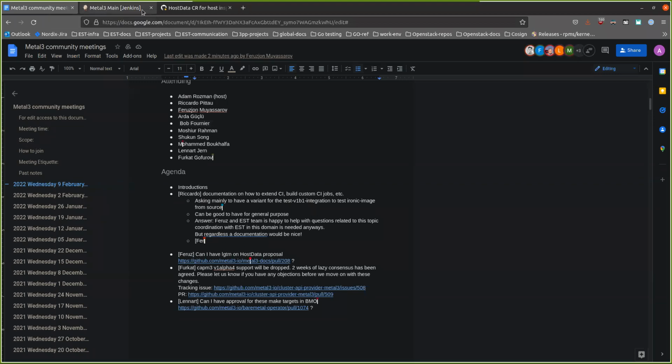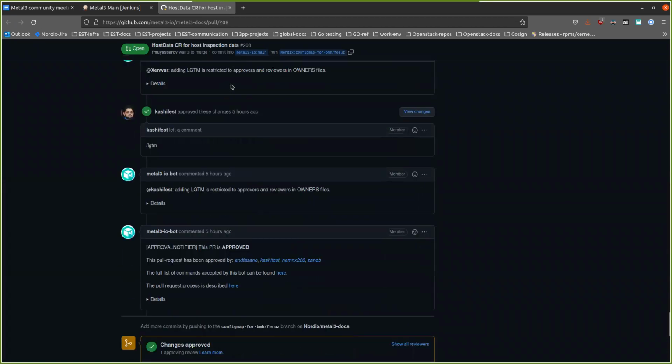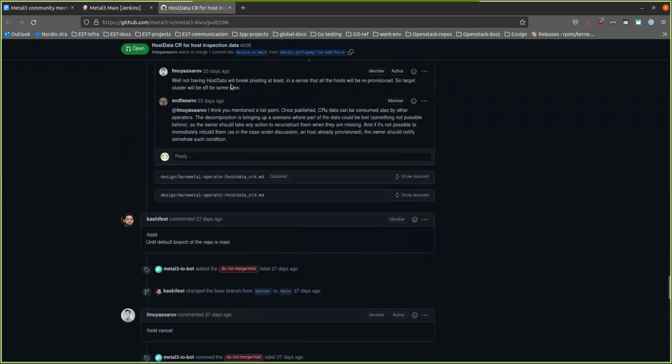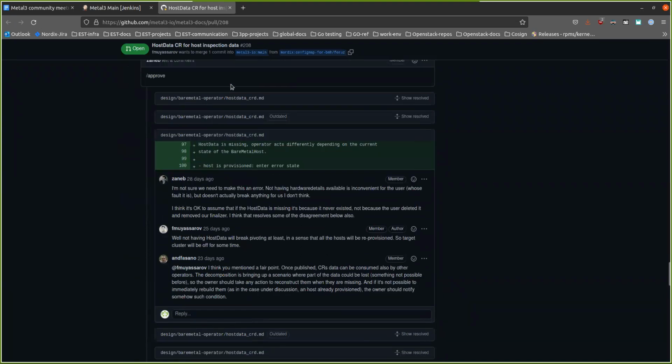Yeah, are you talking about the error state, like if the host data is missing? I remember I mentioned that if the host is provisioned and for some reason we lose the host data CR, then we enter into the error state.